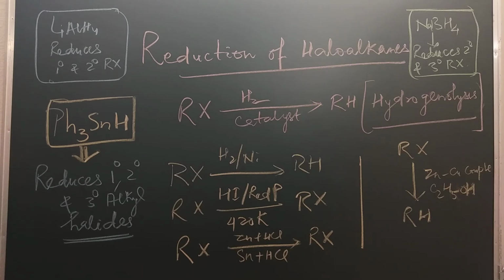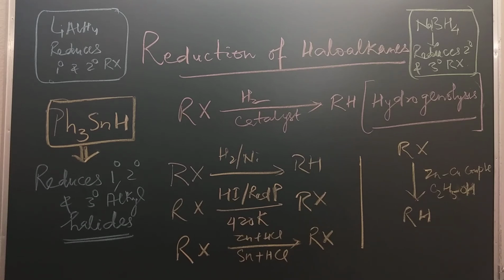Lithium aluminum hydride reduces only primary and secondary alkyl halide, and sodium borohydride reduces only secondary and tertiary alkyl halide. But triphenyl tin hydride can reduce all three types of alkyl halide, that is primary, secondary as well as tertiary.